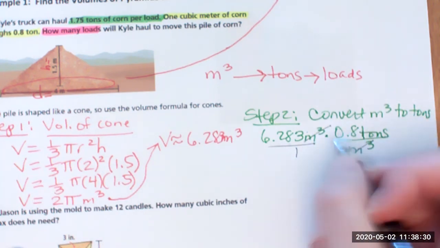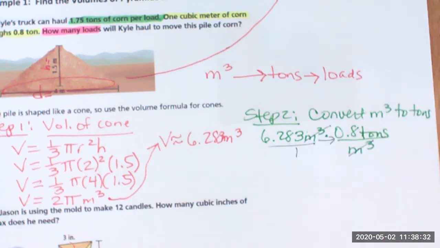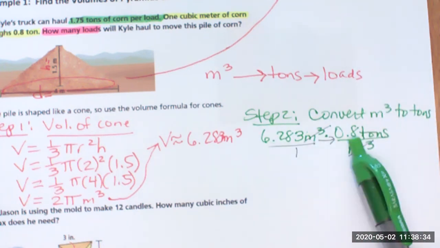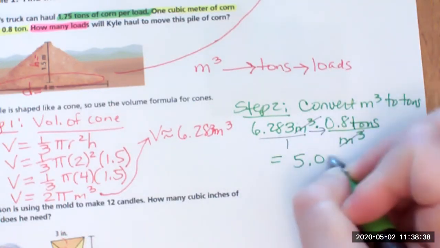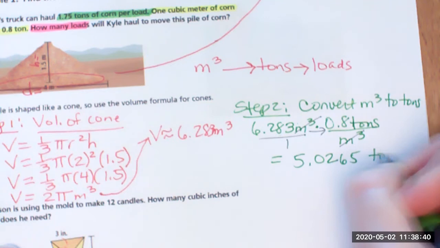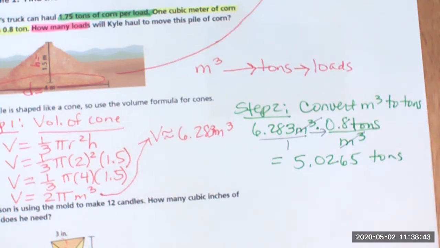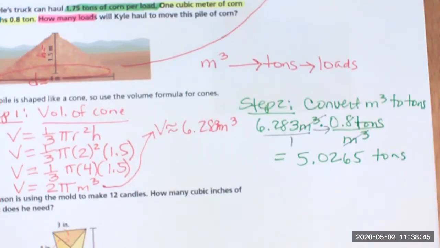And then multiply horizontally. And when I multiply 6.283 times 0.8, I will get 5.0265 tons. And I'm going out a number of decimal places just so that at the very end I'm as accurate as possible.